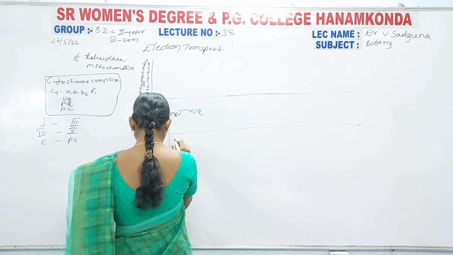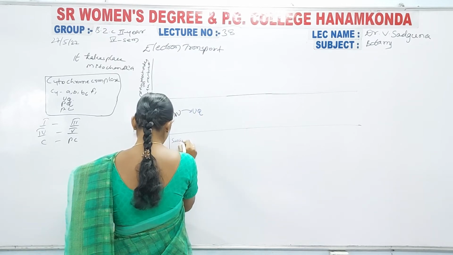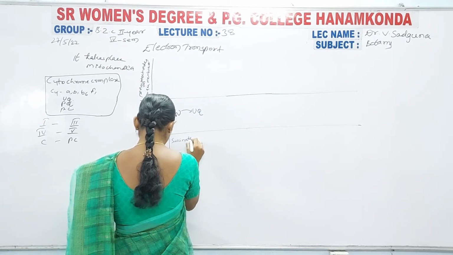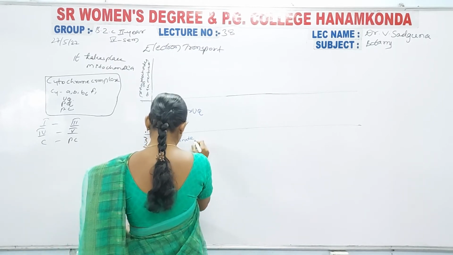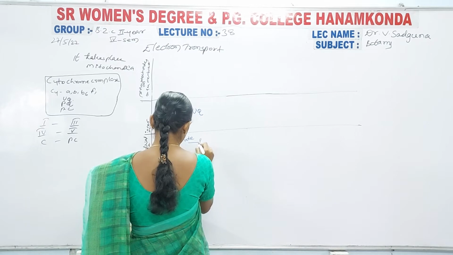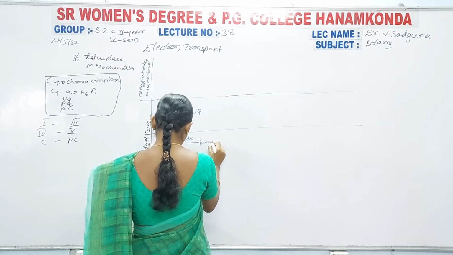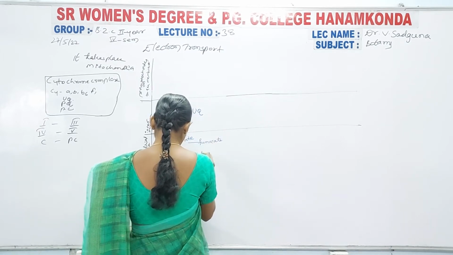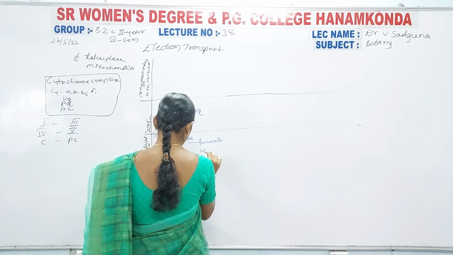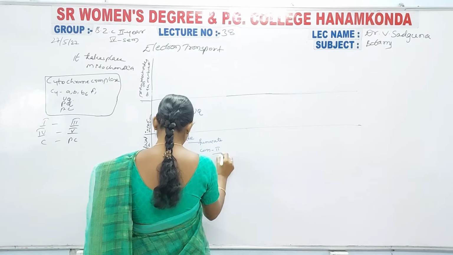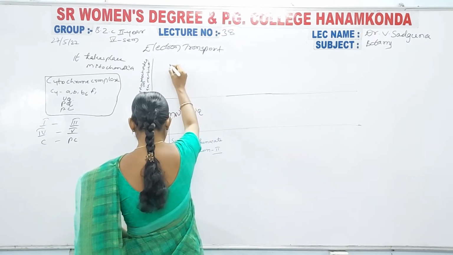Then here is succinate, which gives to fumarate. This one is complex 2. Then this is complex 1.